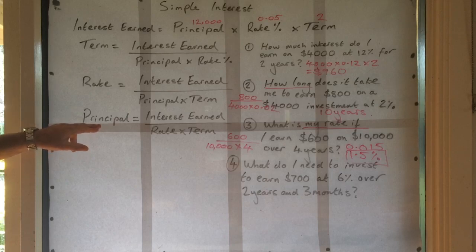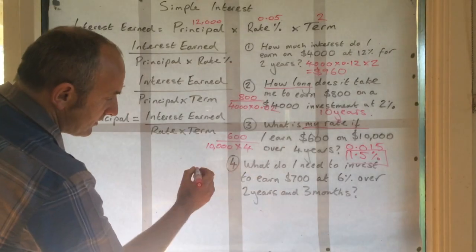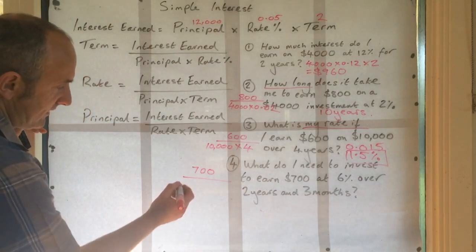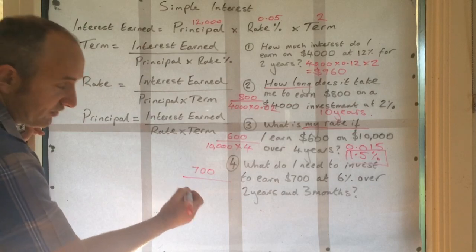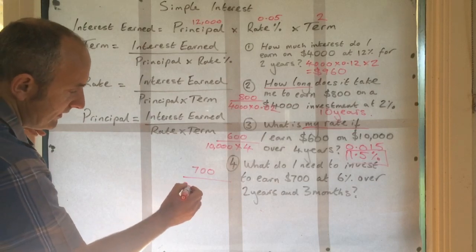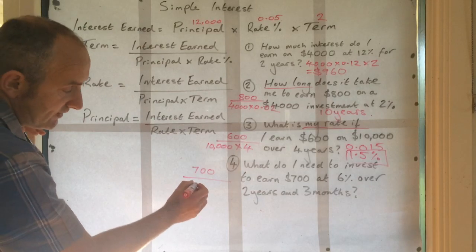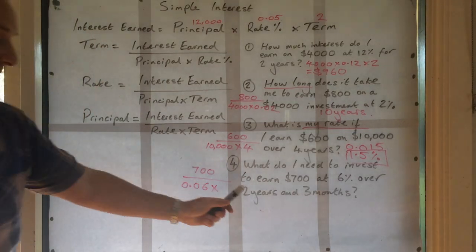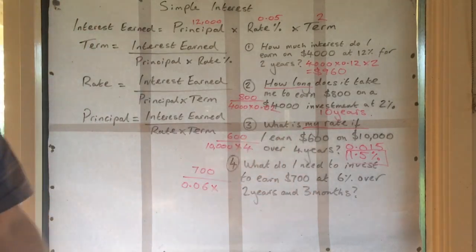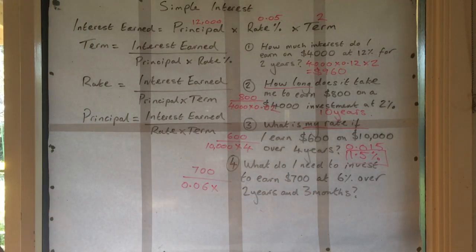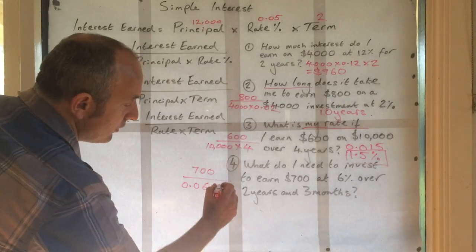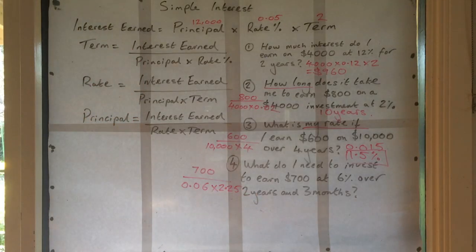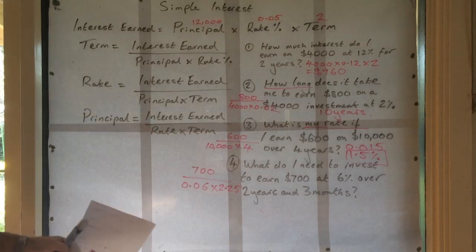This one is the interest earned, $700, divided by the rate, 6%. What's 6% as a decimal? Is it 0.6? No, 0.06, times 2.25 years, as a decimal.